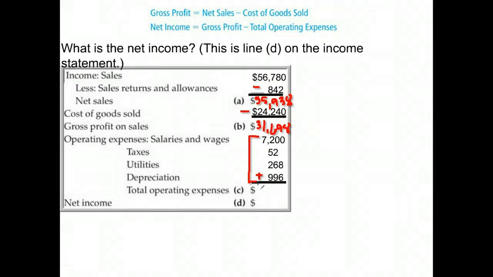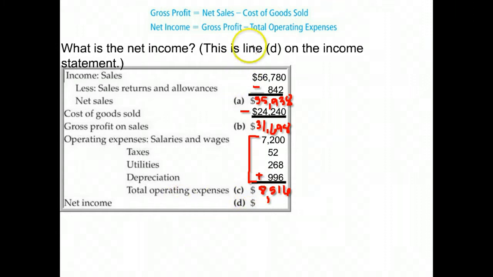Okay, so 7,200 plus 52 plus 268 plus 996. Okay, so my total operating expenses are $8,516. So those are for taxes, depreciation, salary, and wages, not directly related to the price of the items you sold, but still required to run your business.